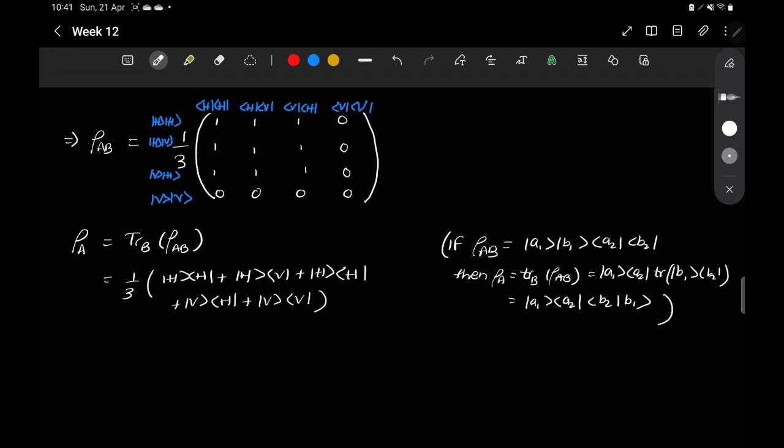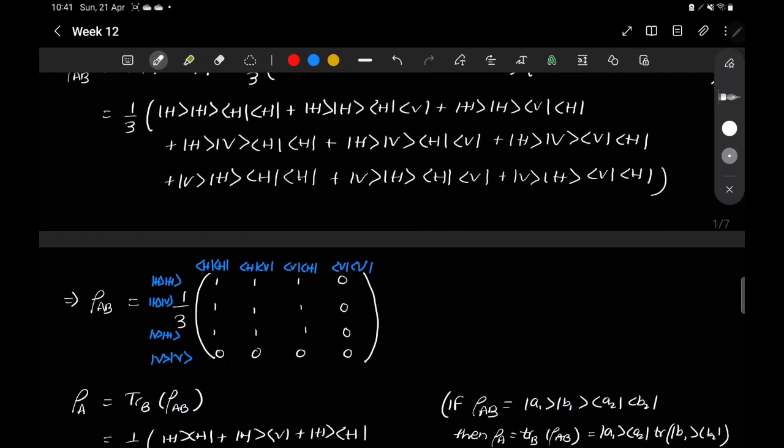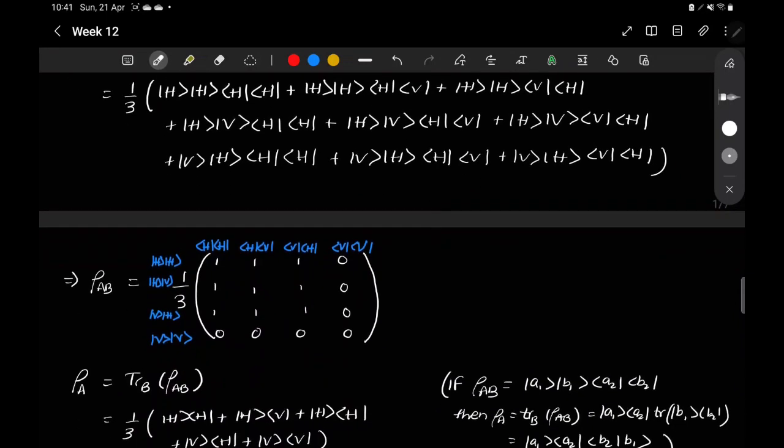And using that only we have found from here this row AB to row A. So dot product of H with itself is 1, dot product of H with V is 0. So this is 0, this is 0, this is again 1.